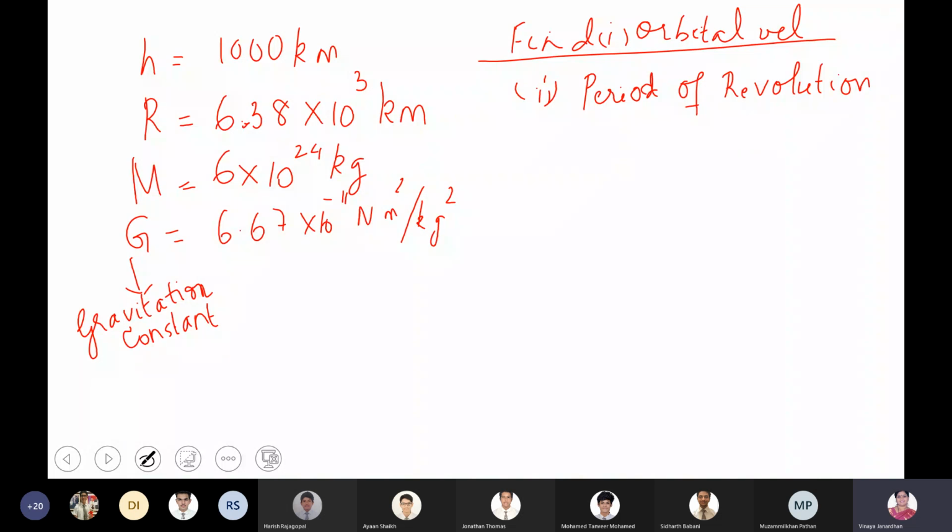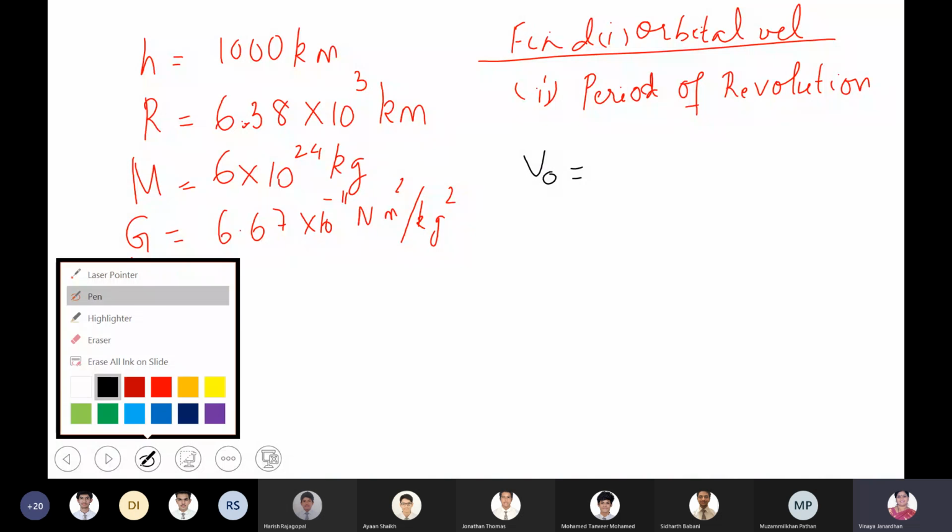So first we'll start with orbital velocity. Which formula will you use, boys? What is the formula for V0? Just check your orbital velocity.